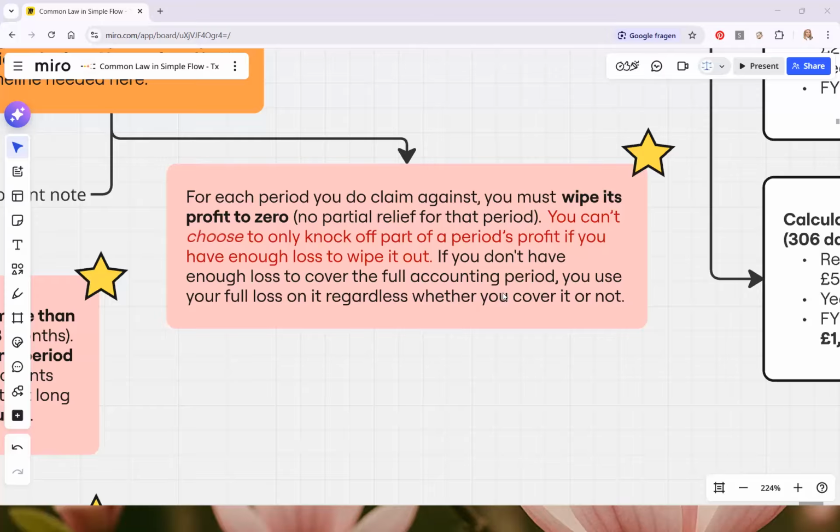If your loss is smaller than the profit, you use all of the loss even though the profit isn't fully wiped out. So a tiny example: profit in year A is 10K, loss available is 6K. Use all 6K for that year, so the profit left would be 4K. So you can't say I'll only use 3K from your loss available, which was 6K.